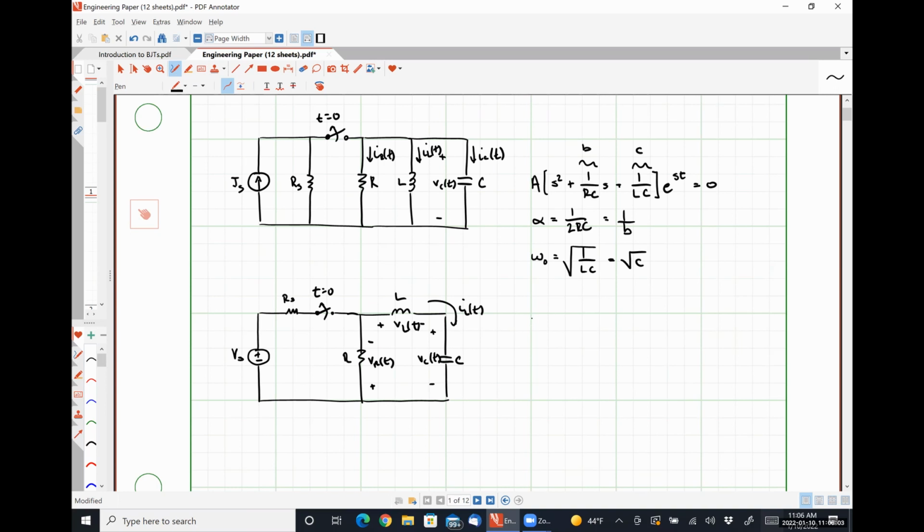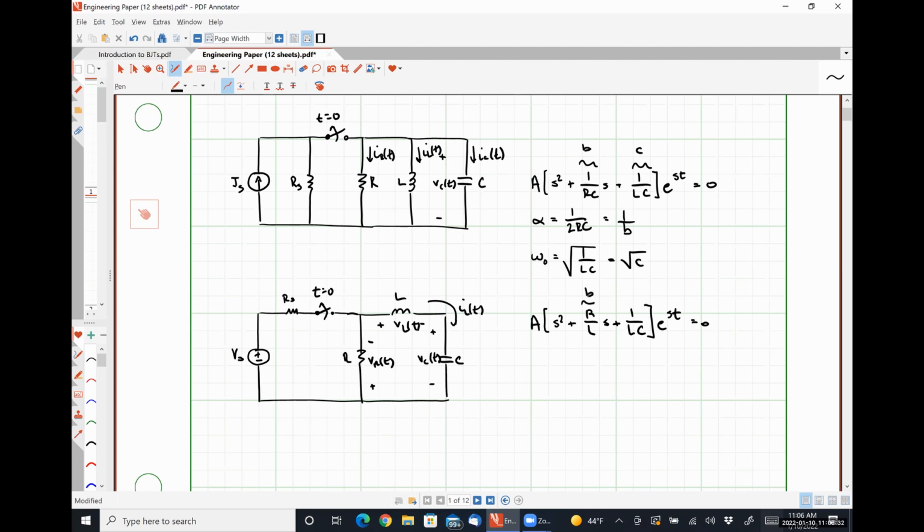In developing our second order differential equation for this circuit, we came up with a relationship A times S squared plus, I'm trying to remember if it was R over L or L over R. R over L, S plus 1 over LC e to the st is equal to 0.